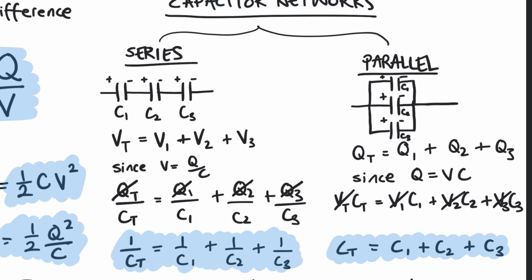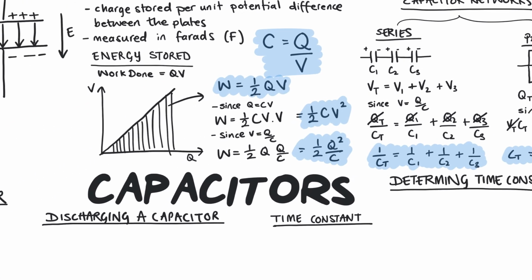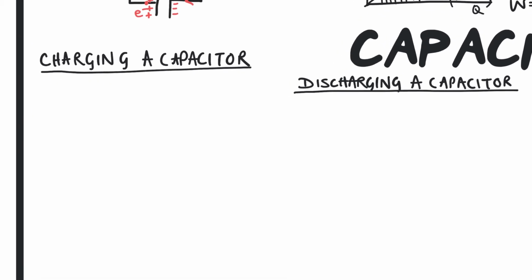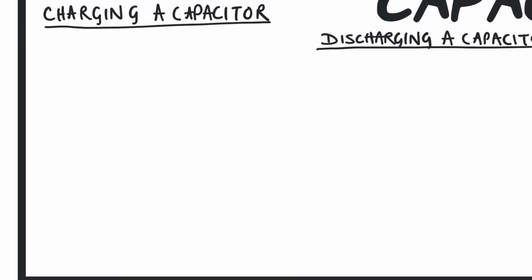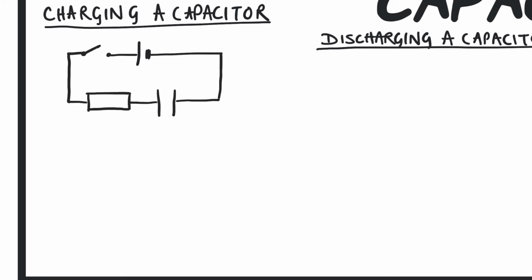Okay, so now we're going to have a look at charging a capacitor. In order to charge our capacitor, what we do is connect it to a battery or a cell.